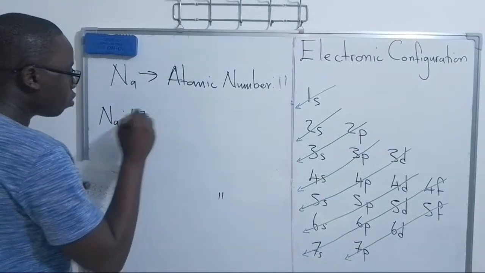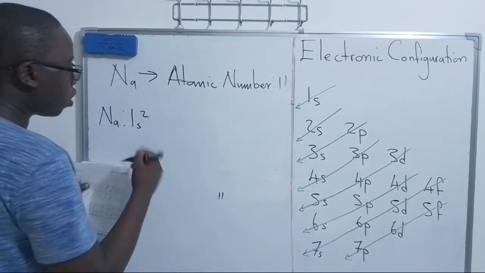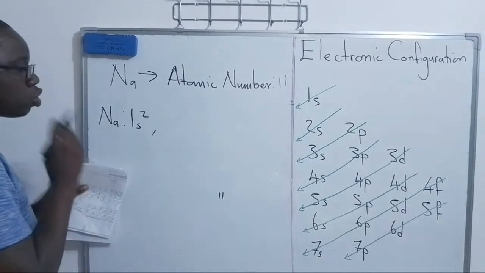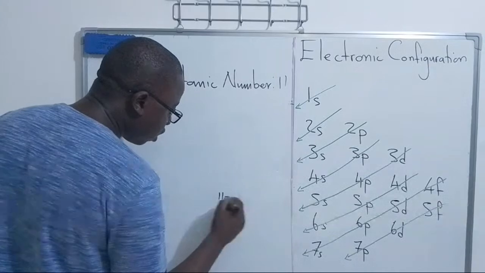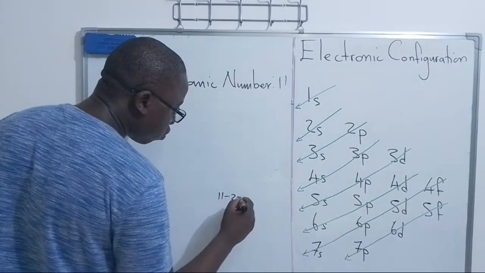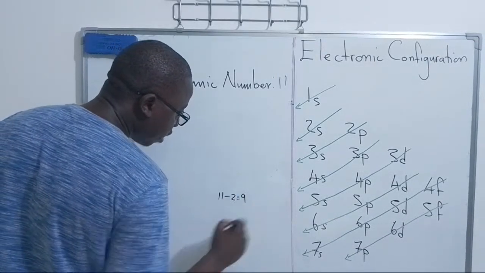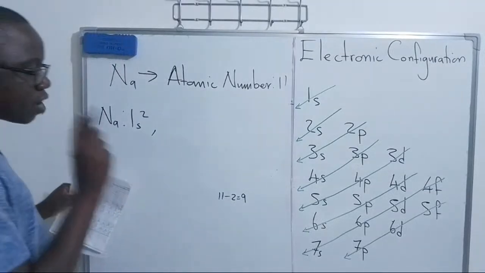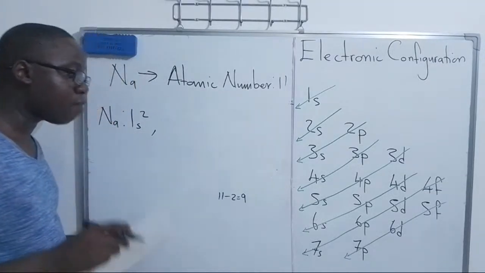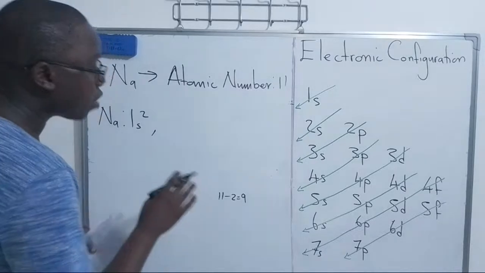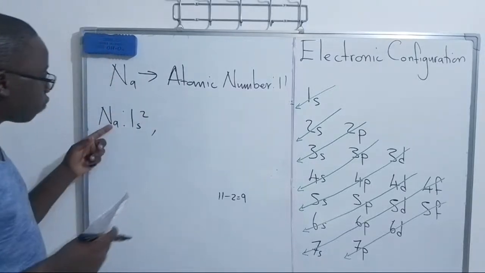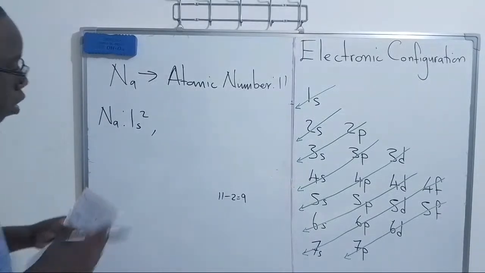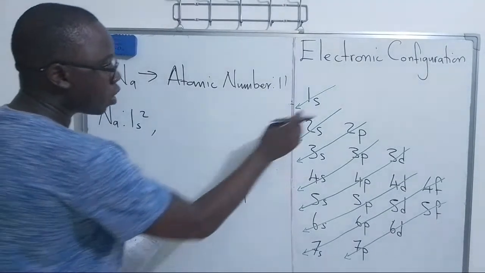Because 11 is more than 2, the 1s level should be filled to its full capacity. So 11 less 2, I'm getting 9. We still have 9 electrons available to use when writing the electronic configuration of sodium. So we go to the next one.